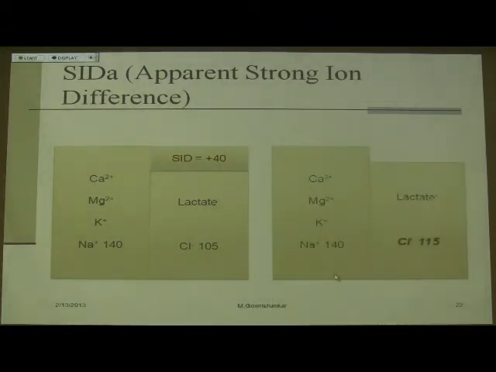Now, if you were to make a change without any change to the cation side of the equation, but only added chloride so that you increase the chloride by 10 from chloride 105 to 115, you would have reduced the SID to plus 30. So this is what they're talking about when they say hyperchloremic metabolic acidosis, because this chloride addition therefore had to invoke hydrogen production from the blood, and that is the acidosis that you're seeing. So there is always this question of, is this real?